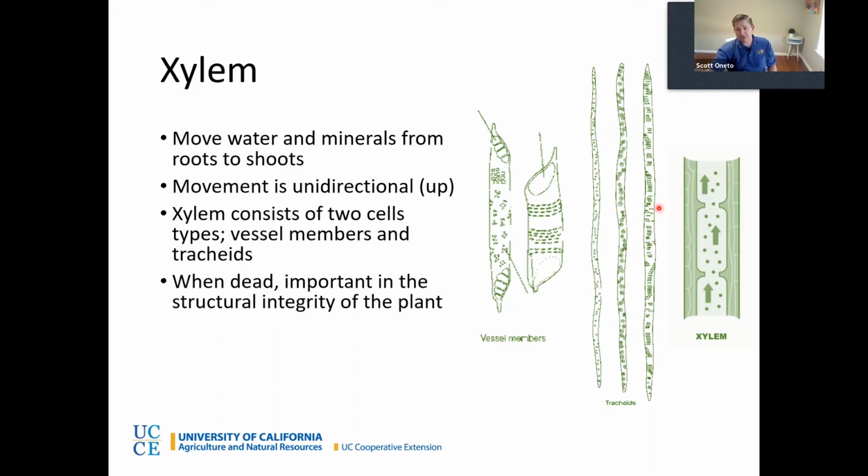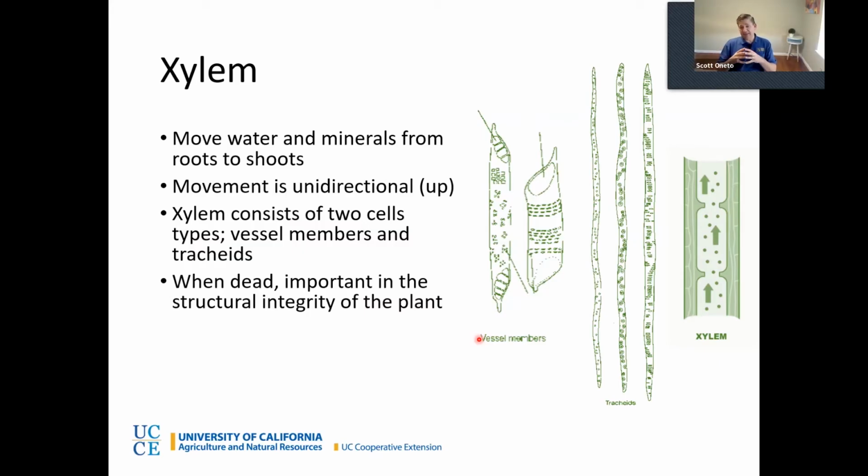The other thing that I'll mention, and I'll show you some pictures of it a little bit later on today, is that xylem cells are extremely important for the structural integrity of the plant, especially when they die. So the plant's continually making new cells, and some of these cells become new xylem cells, and some become new phloem cells.